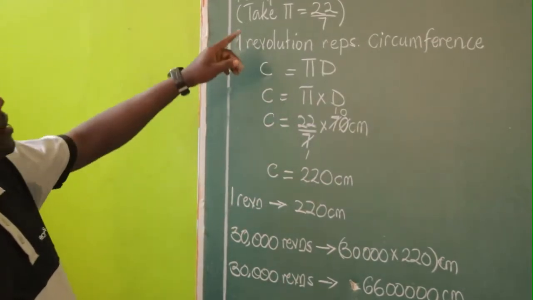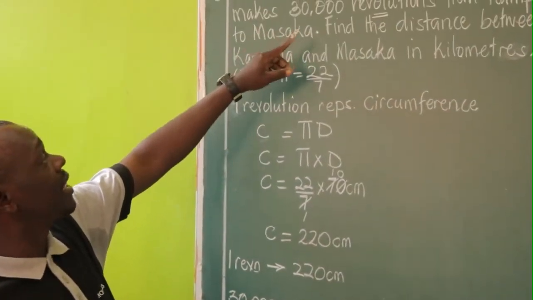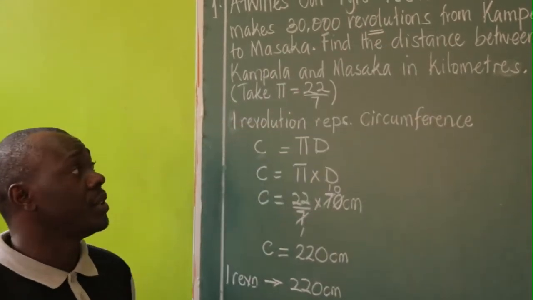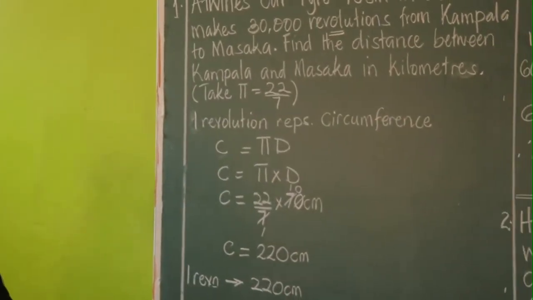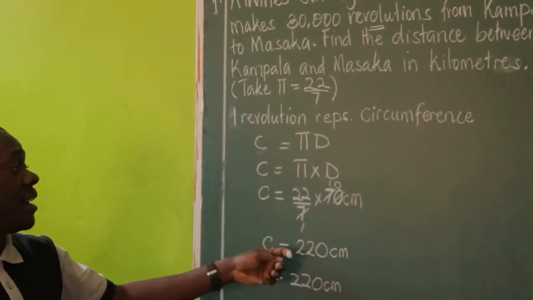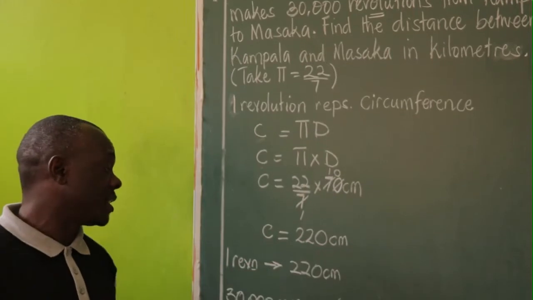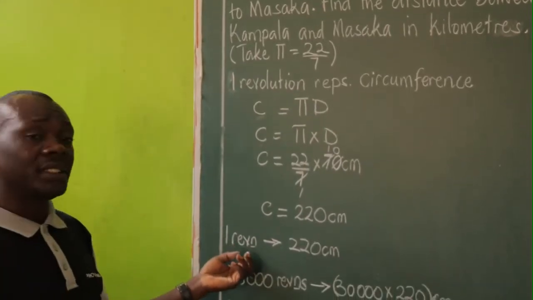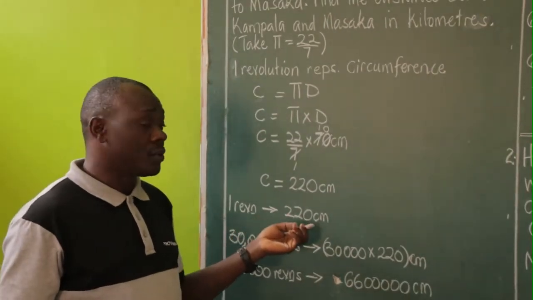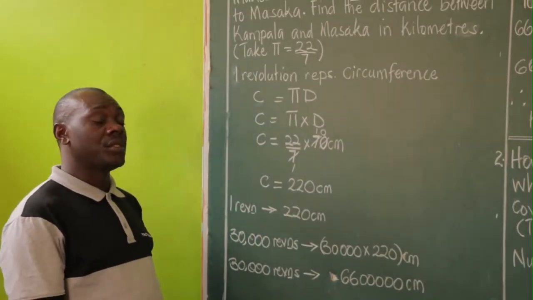And we have learned that this car tire makes 30,000 revolutions between Kampala and Masaka. We already stated that one revolution represents circumference, and now the circumference is 220 centimeters. So in one revolution, that car tire makes a 220 centimeter distance on the ground.